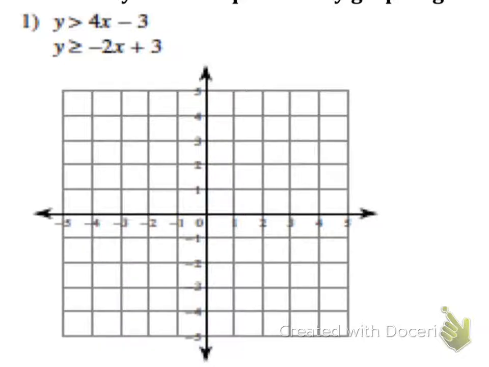This first line, we have a slope of 4, and we have a y-intercept of -3. All right, so I'm going to go ahead and graph that line. I've got my y-intercept of -3.